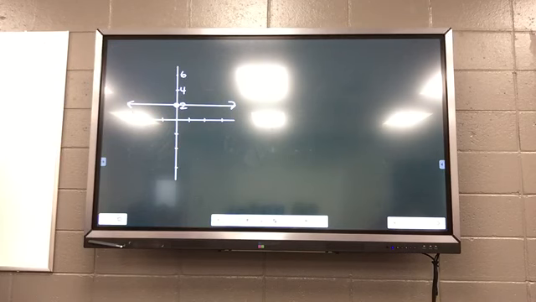Okay, what kind of graph is this? Horizontal line. Yep, horizontal line, because it goes left to right. It goes through positive 2 on the y-axis. I'll give you some time to draw it out.